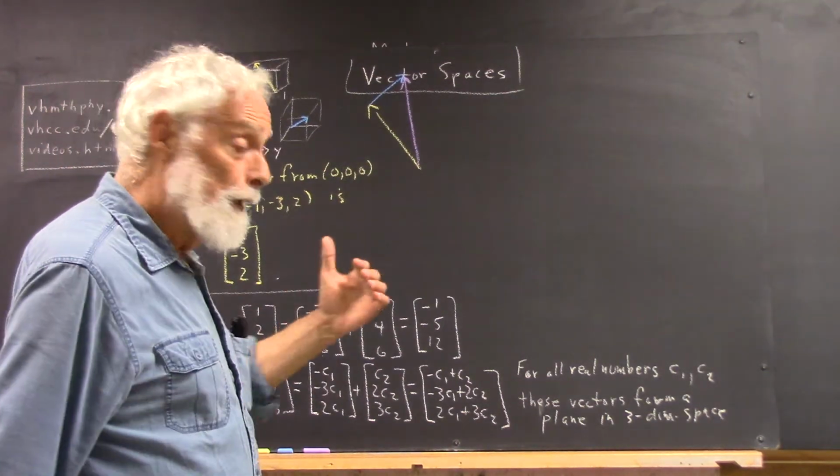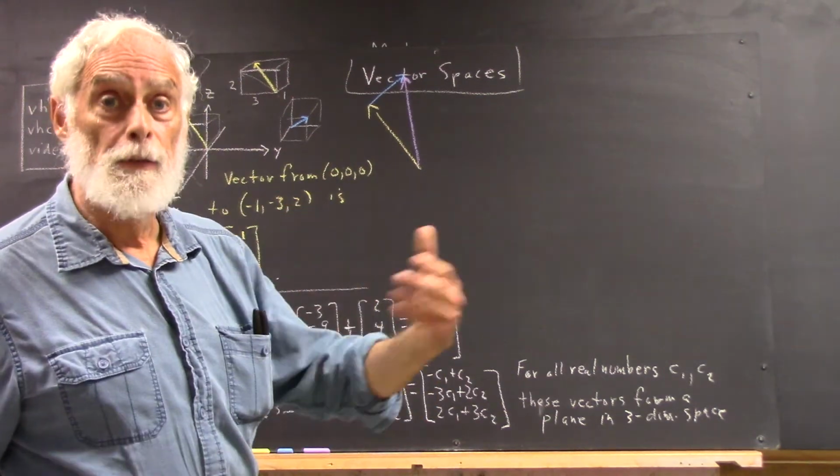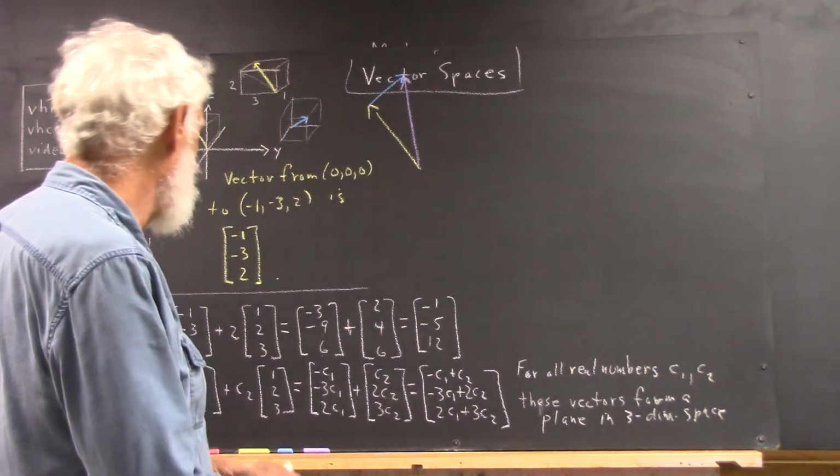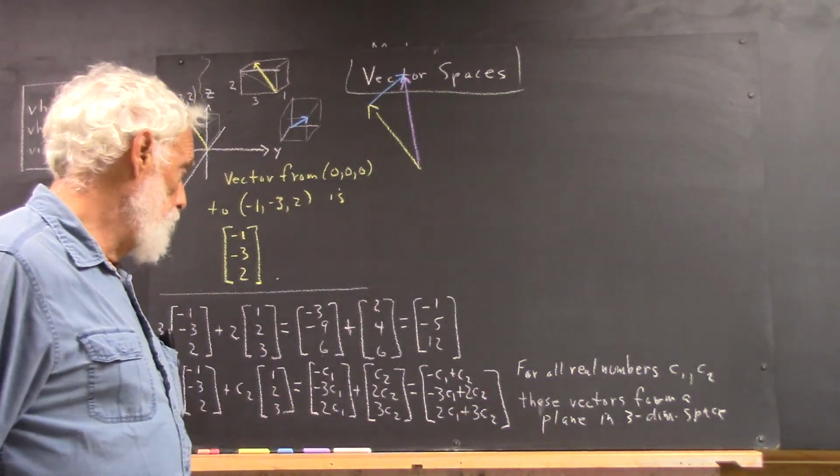Okay? And that plane is an example of a vector space, a subspace of three-dimensional space. I'll talk just a little bit more about that in the next video.